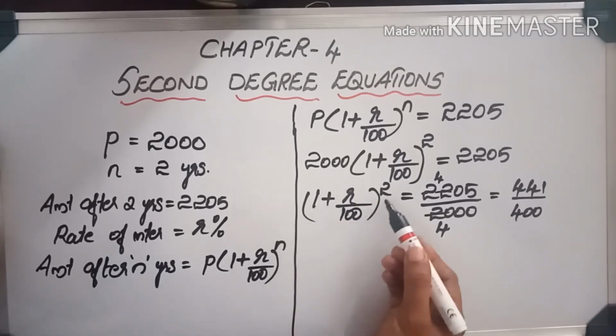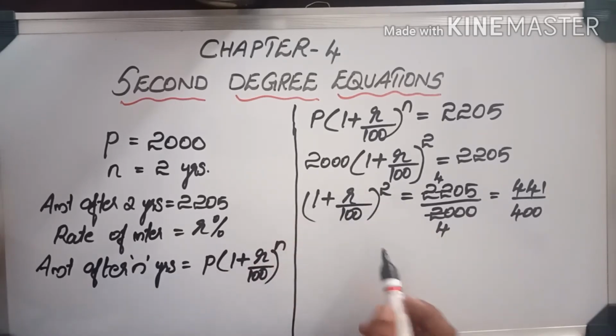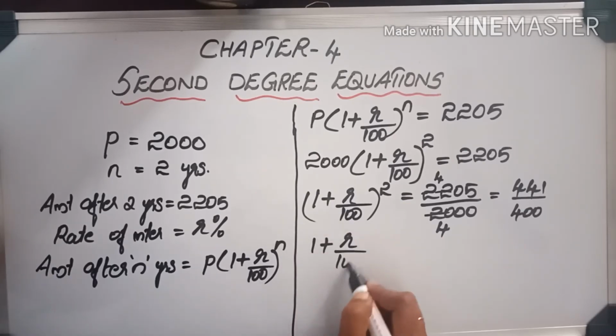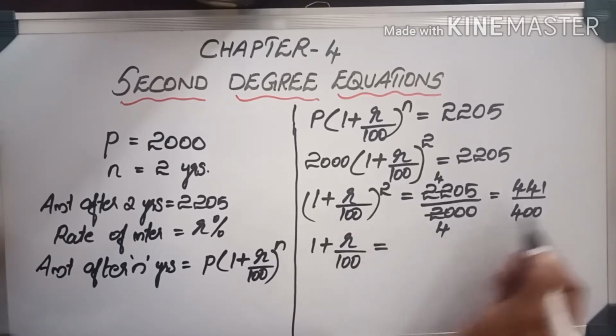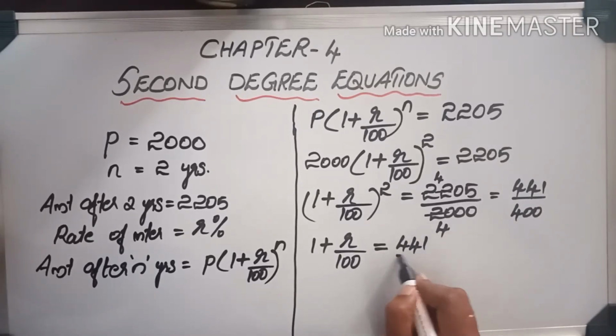Now we can take this square to this side because along with this bracket there are no other terms. So 1 plus R by 100 equal to the root of 441 by 400.